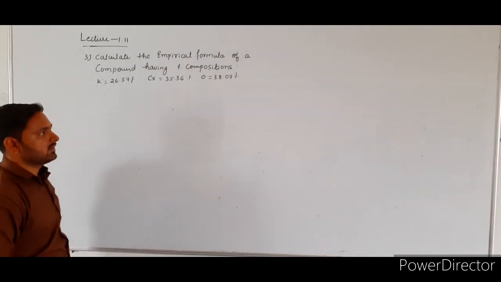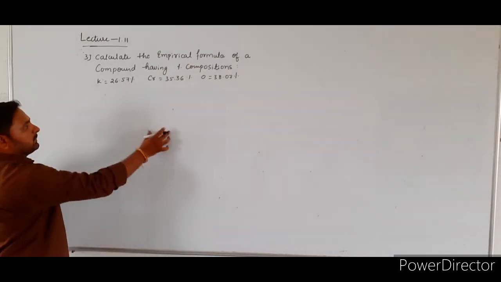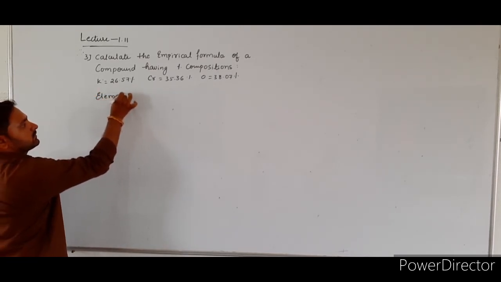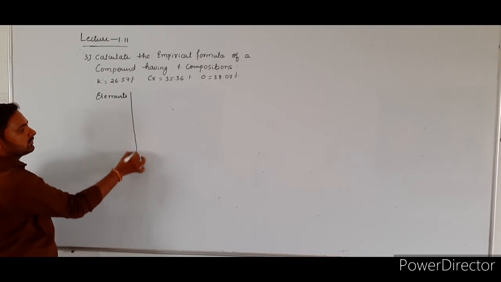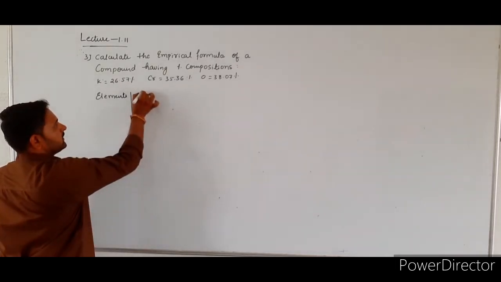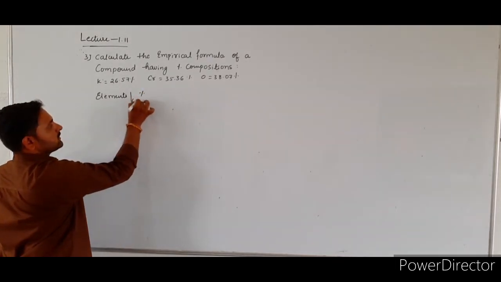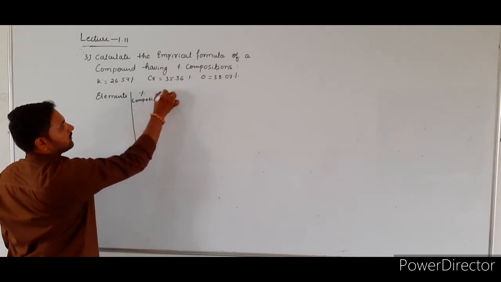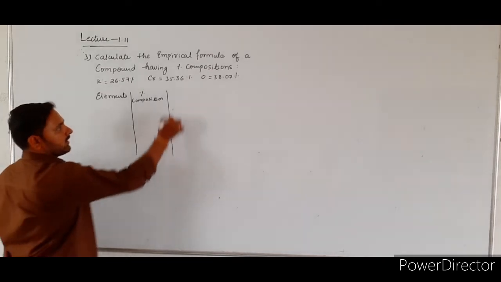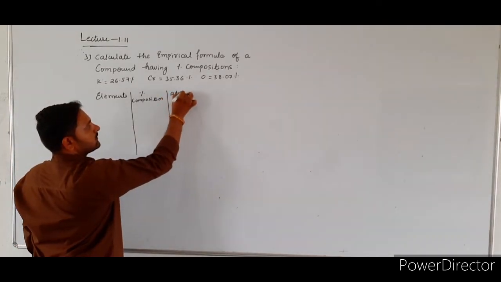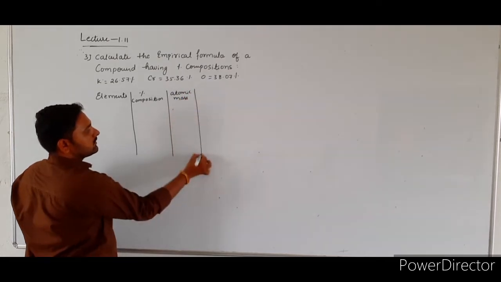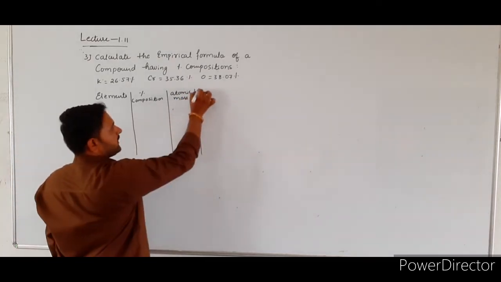Okay. Now let us draw a tabular column. In the first column, you write elements. In the next column, you write the percentage composition. In the third column, you write atomic mass. In the fourth column, you write atomic ratio.